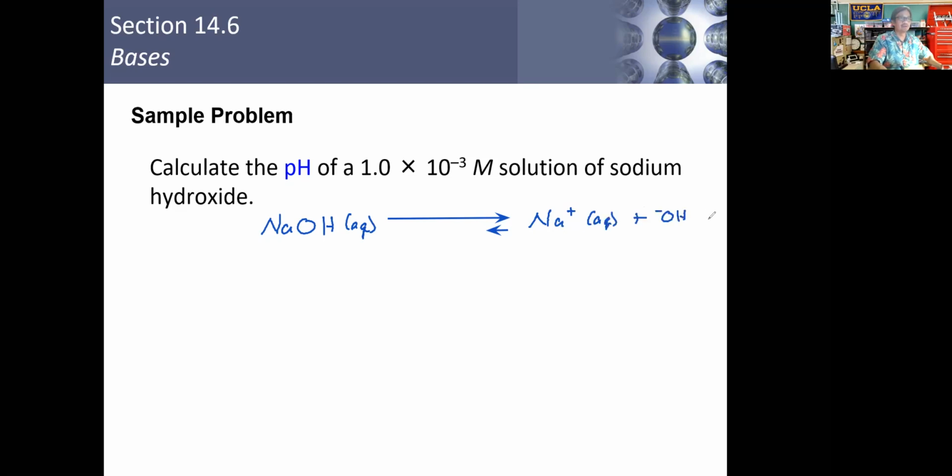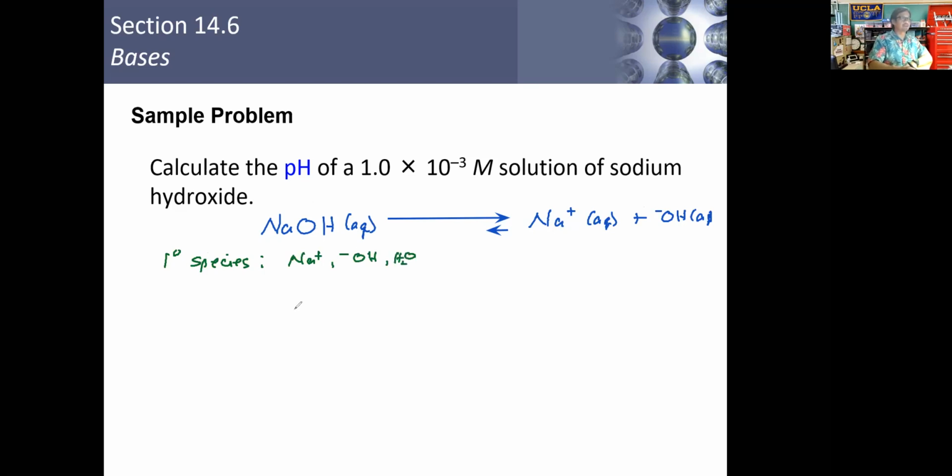So the primary species floating in solution once the dissociation occurs will be sodium ions and hydroxide ions, and we can also say water.